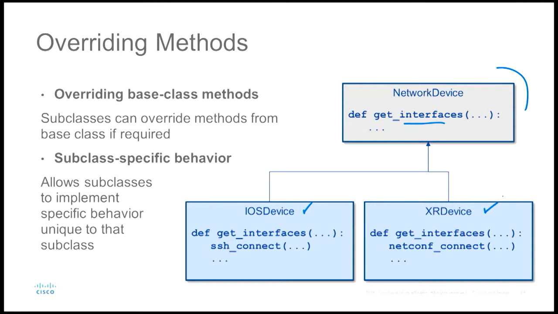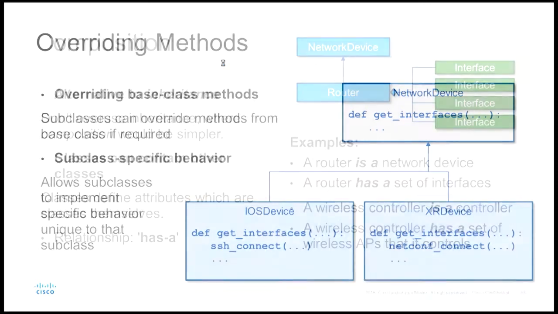For example, an XR device may support netconf, whereas an iOS device may only support CLI-type functionality. If I am writing code, I can call getInterfaces on either one of these specific device subclasses, and I will get returned the appropriate interface information, and I do not need to know about the differences between an iOS device and an XR device. So a very powerful mechanism that's part of object-oriented programming is this idea of overriding methods.